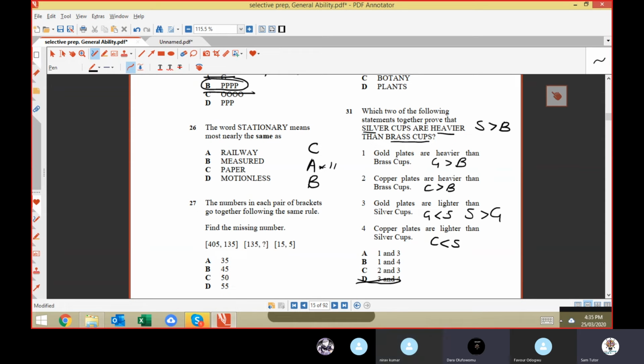If gold is less than silver, that means silver is bigger than gold. If silver is bigger than gold, but gold is bigger than brass, doesn't that mean that silver must be bigger than brass? Yeah. So the answer actually is 1 and 3. So whoever got A, good job.